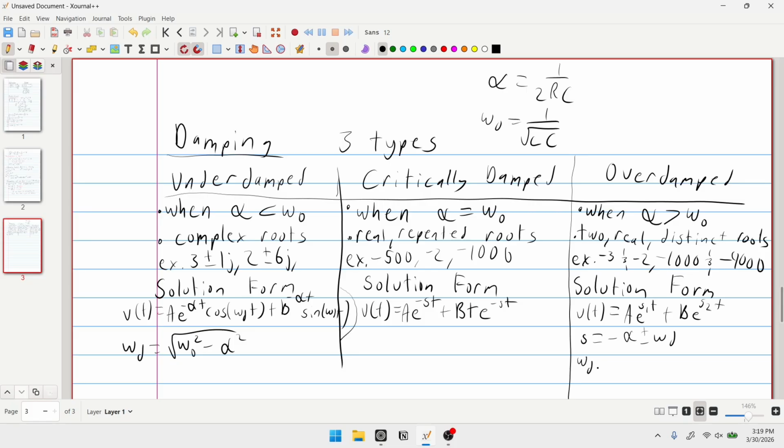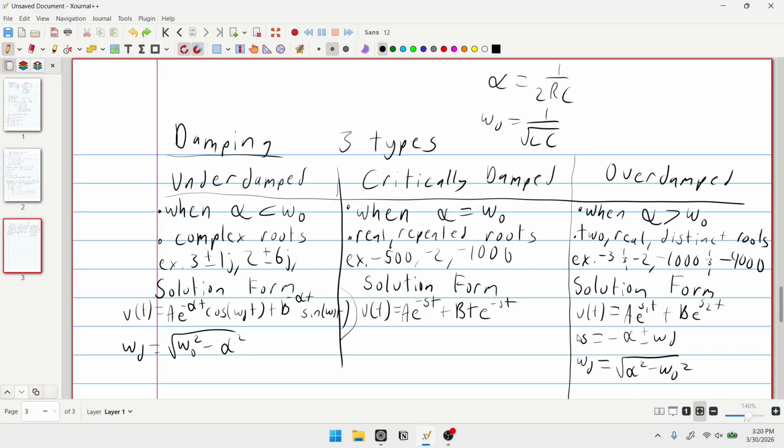In this case, our damped frequency, or omega_d, is just the square root of alpha squared minus omega naught squared. Notice how in this one, the alpha is first because it's bigger than our natural frequency. This makes it so that it's not a complex number, because if the natural frequency was bigger, this would be a complex number with an i.